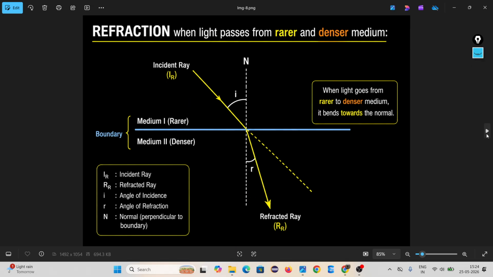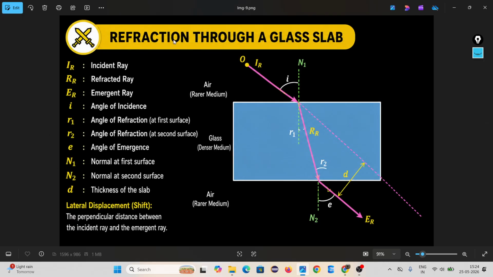Okay, sir. Then we learn refraction through a glass slab. This is the incident ray coming towards the surface. This is the point of incidence. Then it is coming from air to glass.